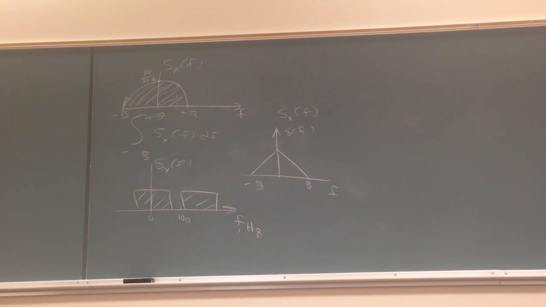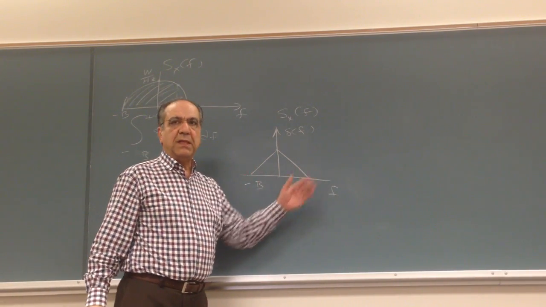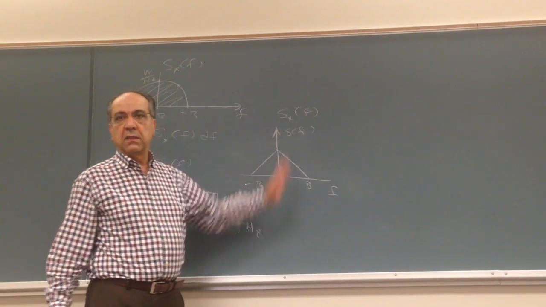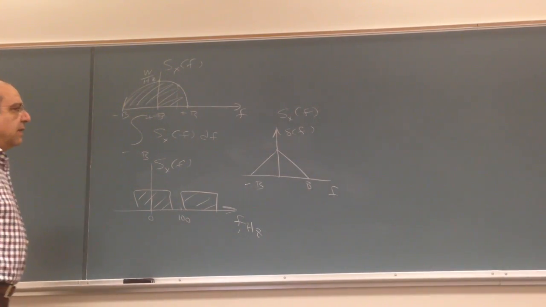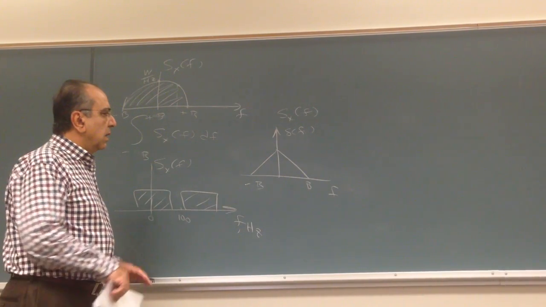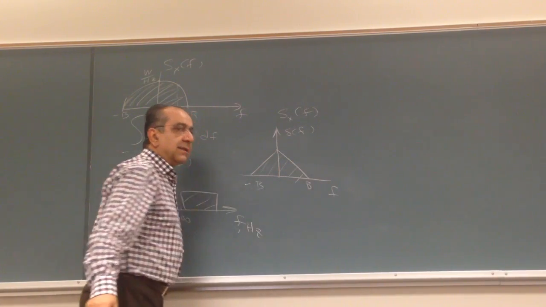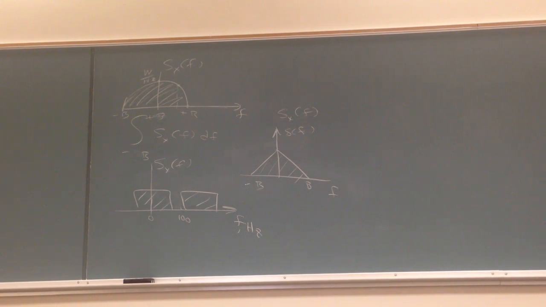What does it tell me? It tells me the signal has energy from frequency minus B to plus B. The signal also has a DC component. If I want to find the total power, I would get the average power here. The area under this gives me the average AC power.